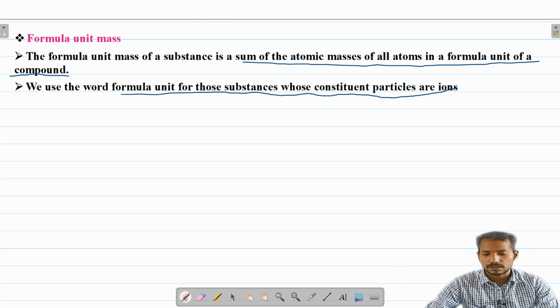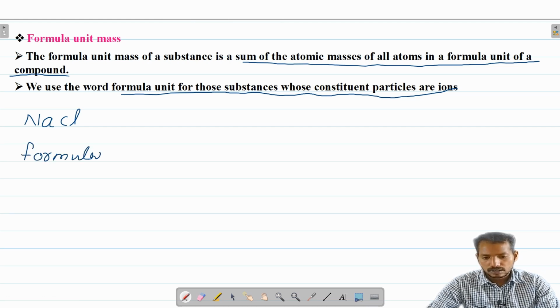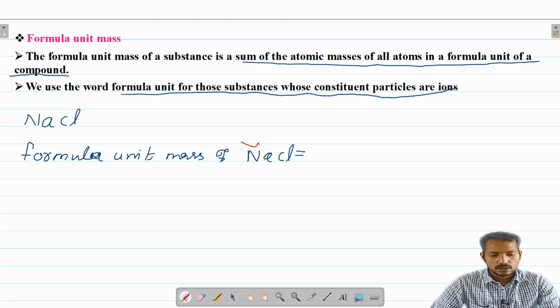Let's take an example, that is NaCl. The formula unit mass of NaCl is equal to, what is the atomic mass of sodium? Atomic mass of sodium is 23, plus what is the atomic mass of chlorine?